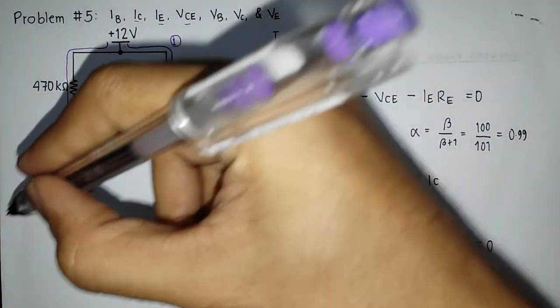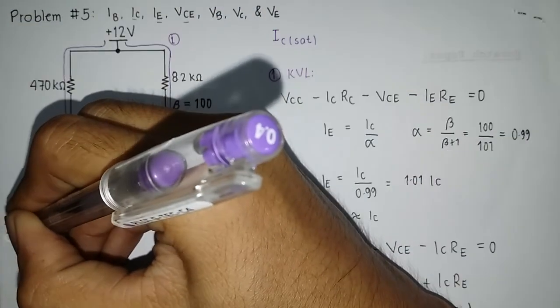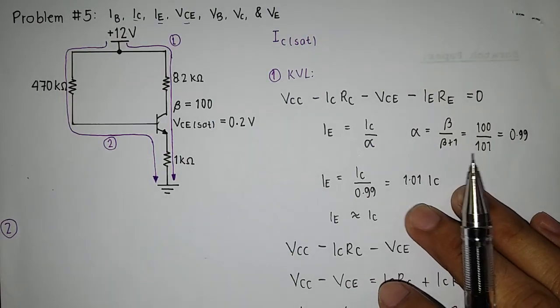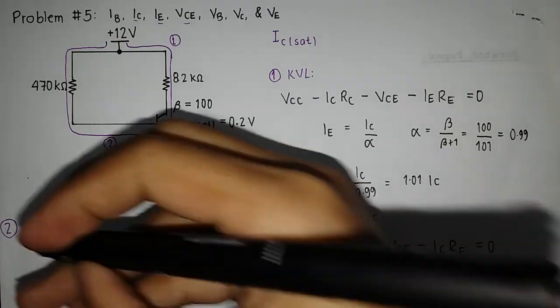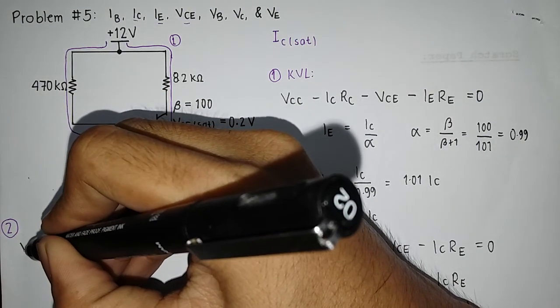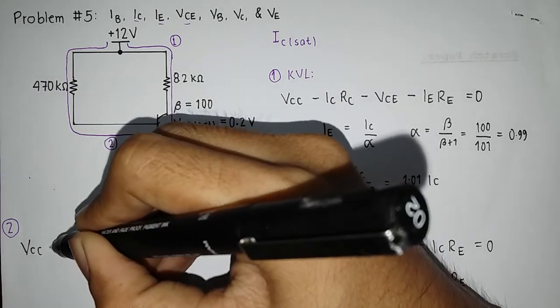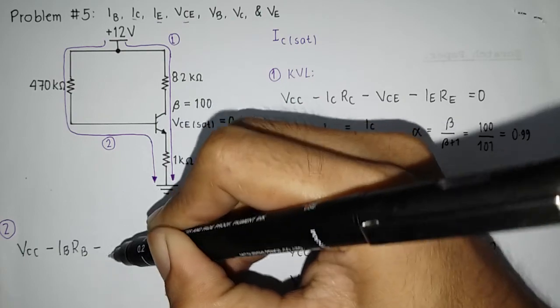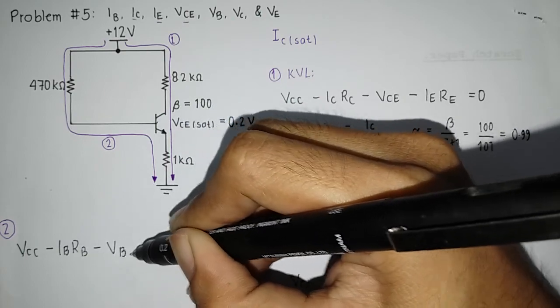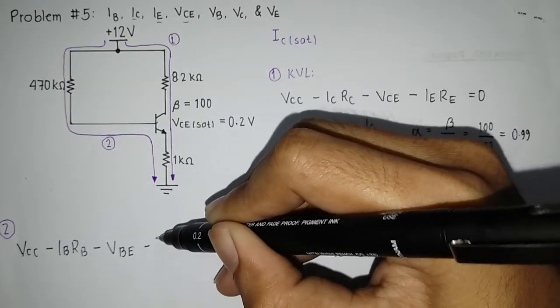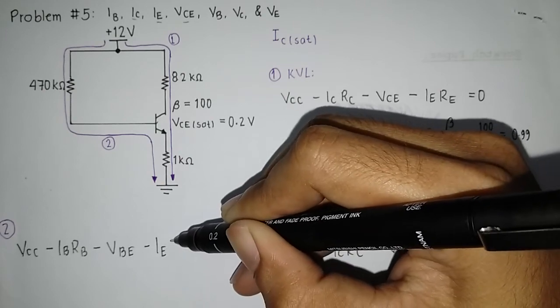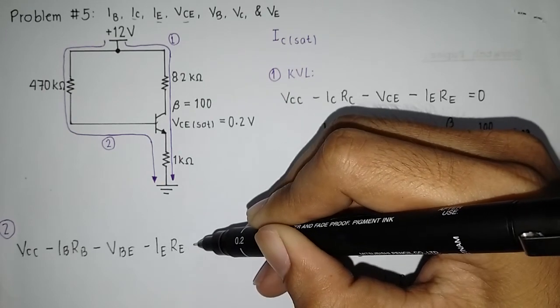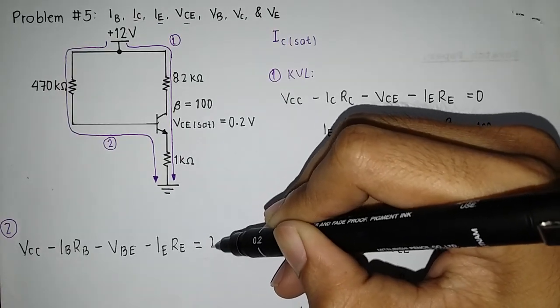So makuha natin from loop number 2 is the equation number 2. Equation number 2 by KVL again, makuha natin VCC minus voltage drop ng base resistance IBRB minus voltage drop ng base to emitter junction minus voltage drop ng IE, RE. That is equal to 0.